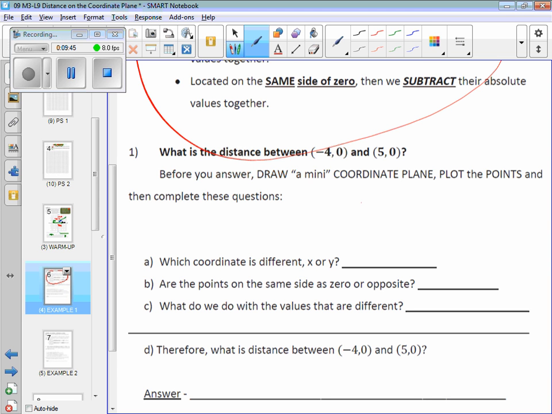I just need to get an idea of where they would fall on a coordinate plane. So we make what's called a mini coordinate plane. That's all you need. I'm going to guesstimate where these points would be, because then it helps me know whether I need to add or subtract.